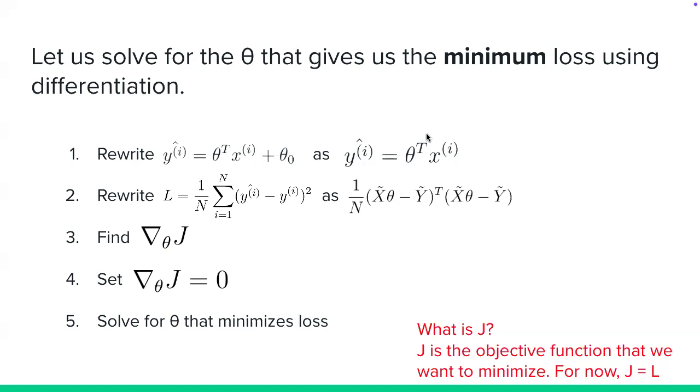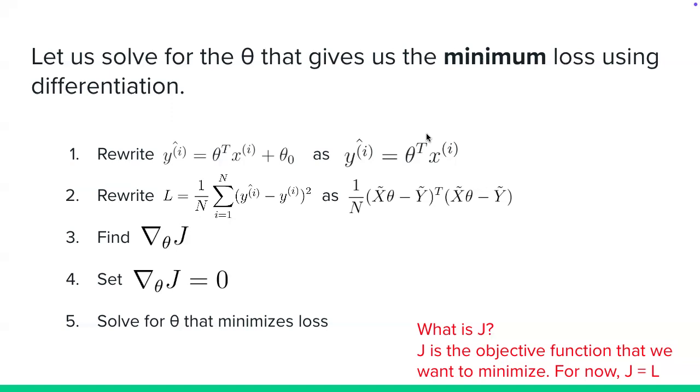The second step is to rewrite our loss function, the mean squared error, from summation form into matrix and vector form. This also makes calculation easy. Finally, we take what is called the gradient of this loss with respect to theta.